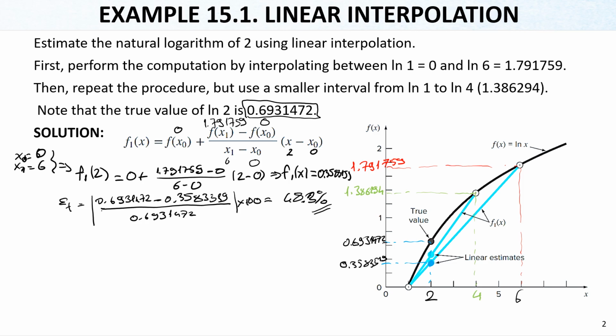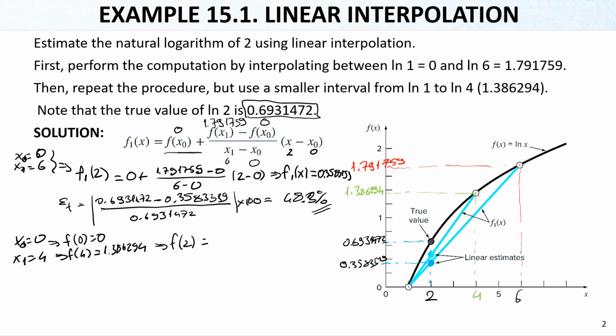So let's use x0 as 0 and x1 as 4. For this f(0) is 0, and for this f(4) is 1.386294. Then let's calculate f1(2).